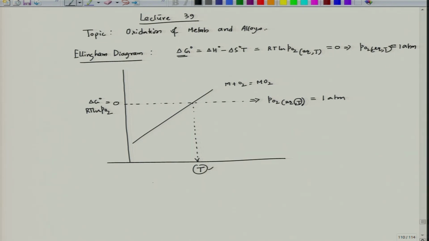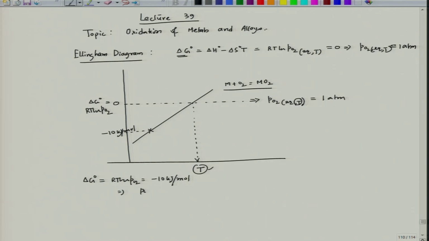Now, in order to find PO2 at a different location, for example, let us say I want to find PO2 in equilibrium with this oxidation reaction, I take the corresponding value, let us say this value is minus 10 kilojoule per mole. So, I will just equate delta G naught equal to RT ln PO2 equal to minus 10 kilojoule per mole.